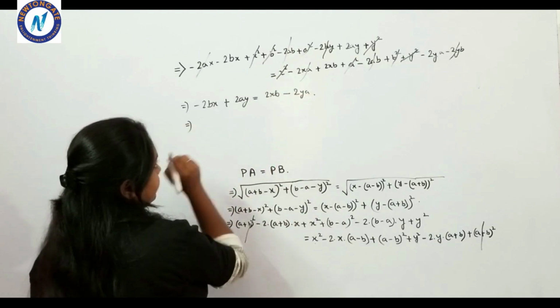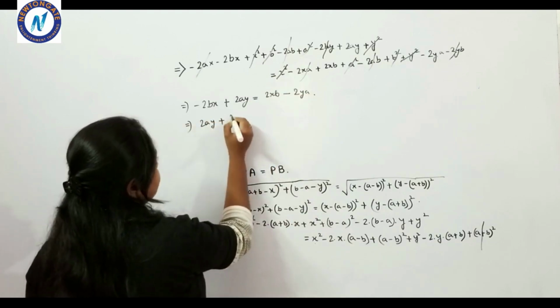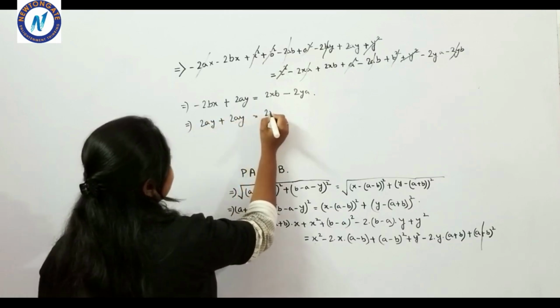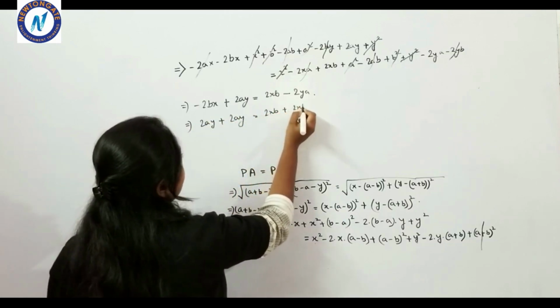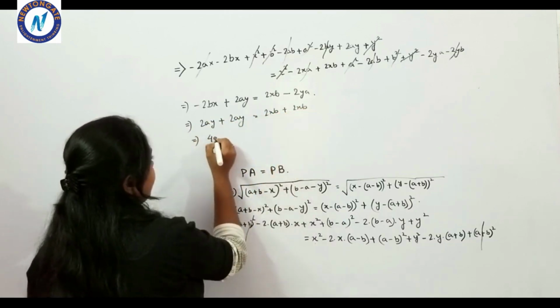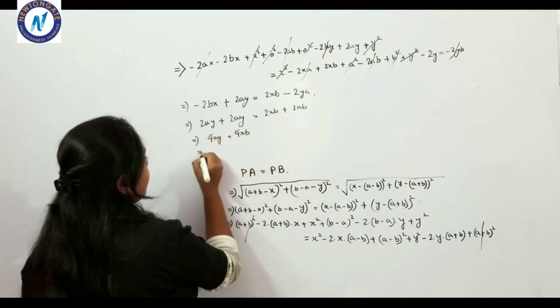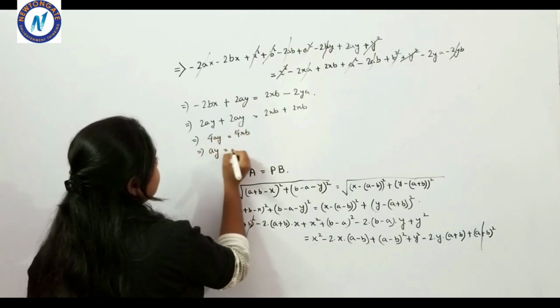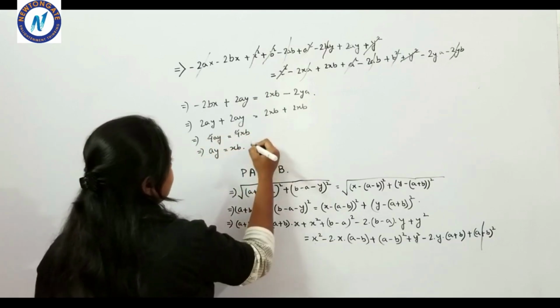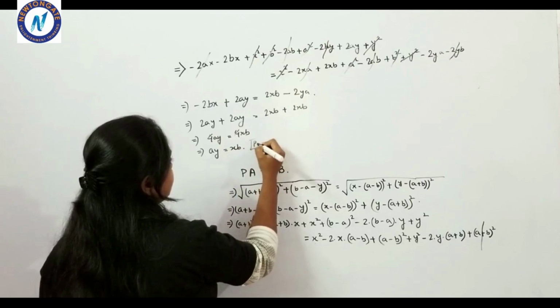Then 2ay plus 2ay equals 2xb plus 2xb, so 4ay equals 4xb. Cancelling the 4, we get ay equals xb. Proved.